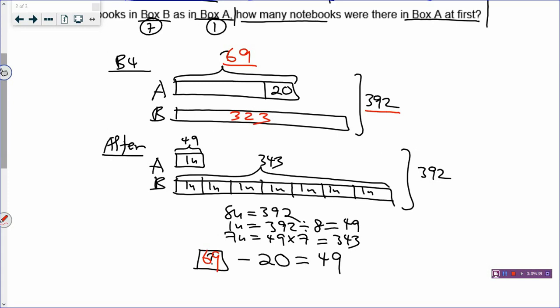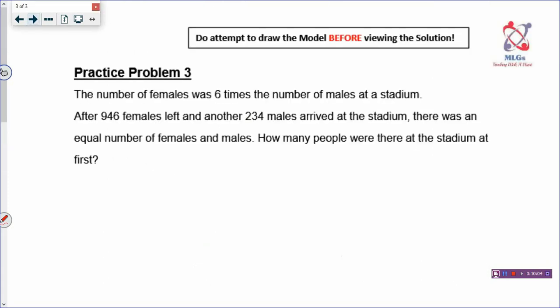You put 20 books from box A into box B. So you take 323 plus another 20 and you get 343, which is in the end. So box B has 343 in the end, so your answer is correct. That's checking. So what's your answer? 69 books in box A. All right, now let's go on to the next problem and see how we solve it.